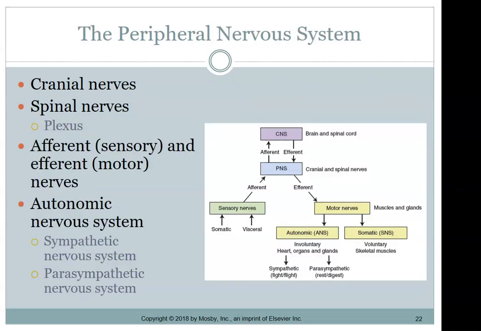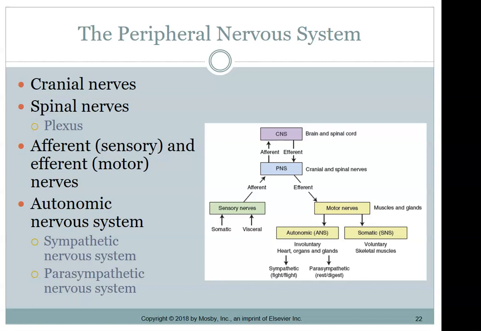The peripheral nervous system. The peripheral nervous system is divided into 12 pairs of cranial nerves that conduct impulses between the brain and head, neck, thoracic, and abdominal areas, and 31 pairs of spinal nerves that provide the innervation to the rest of the body. Cranial nerves are named by their number and their function or distribution.